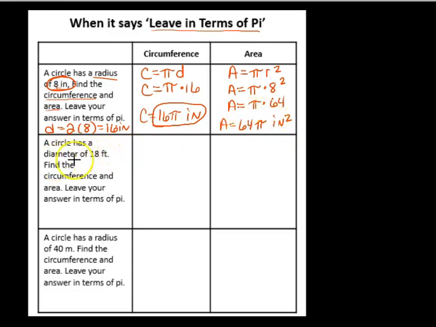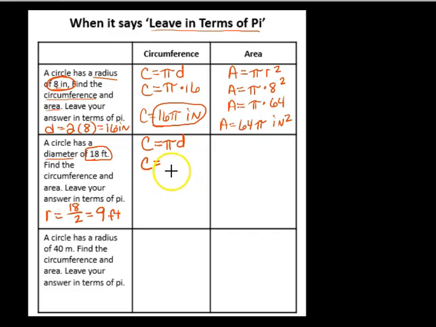A circle has a diameter of 18 feet. So this is the diameter. Find the circumference and area. Leave your answer in terms of pi. So circumference equals pi d. If my diameter is 18, my radius is my diameter divided by 2, which would give me 9 feet.